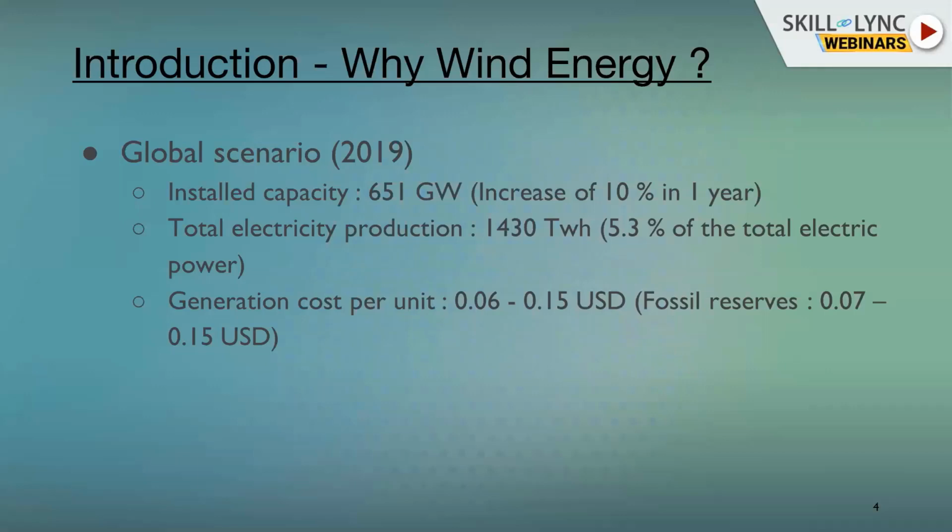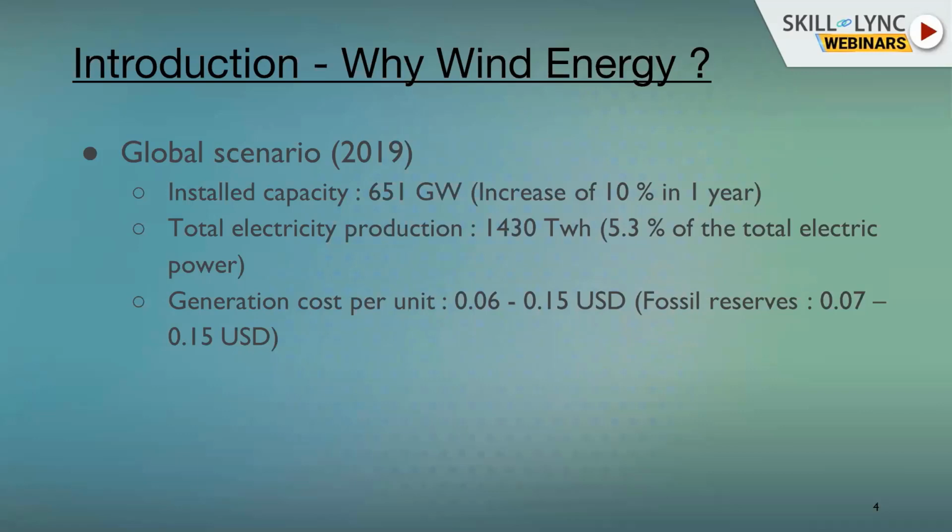Till date we have almost 651 gigawatt of wind power plants established, which is an increase of almost 10% in one year. This installed capacity contributes almost 1430 terawatt hour, which is almost 5.3% of the total electric power that we consume on a daily basis.